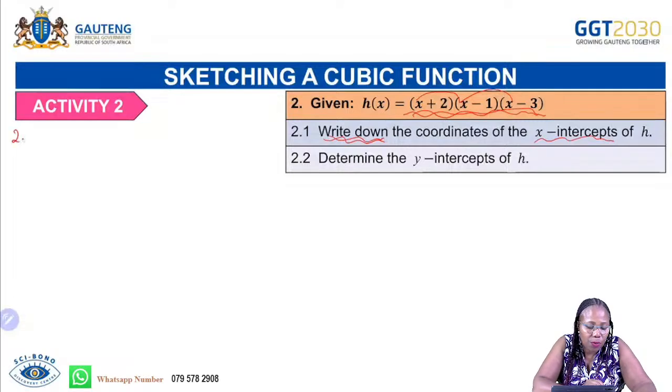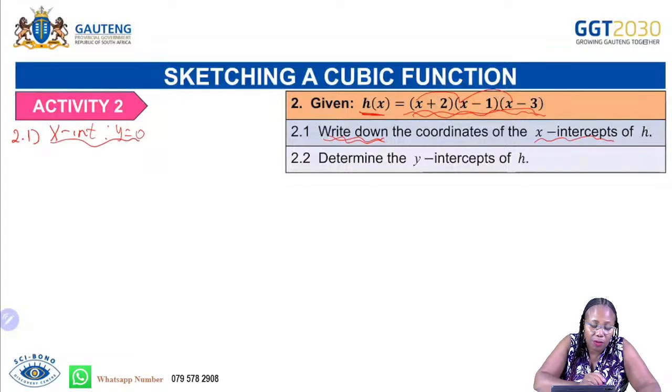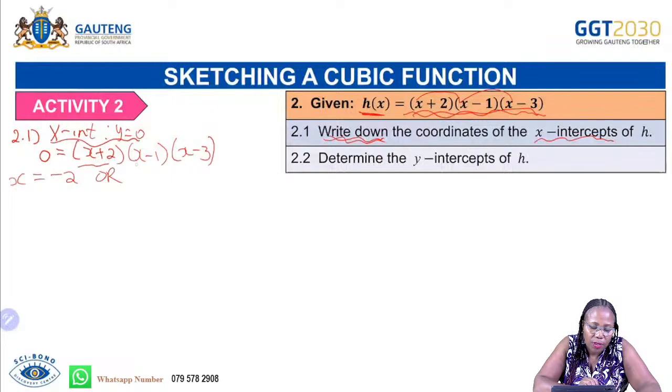So now 2.1, we are looking for the x-intercepts when y is 0. So if we let this part be 0, we are having x plus 2, x minus 1, x minus 3. Then the first bracket will give x equal to minus 2, or the second bracket x equal to 1, or the last bracket x equals 3.